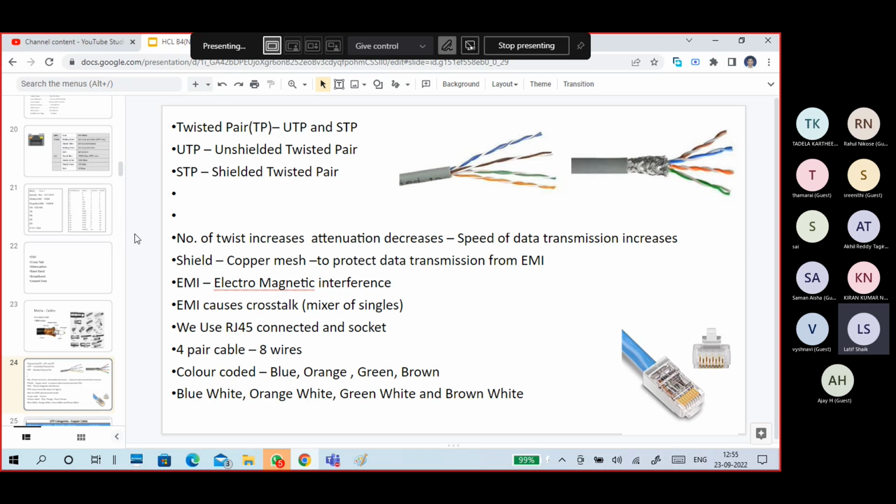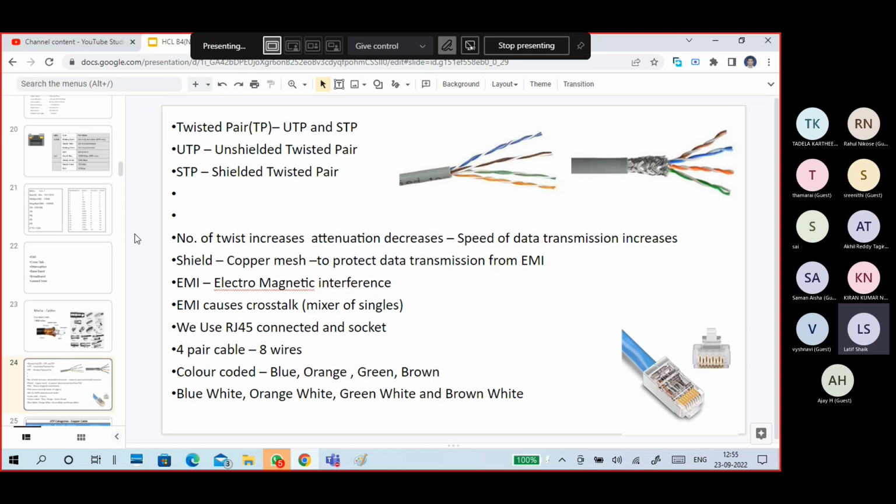Totally 8 wires. To connect these cables, we use RJ45 sockets and plugs. What is RJ45?